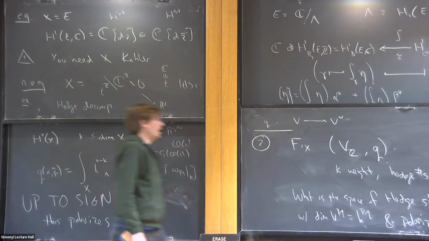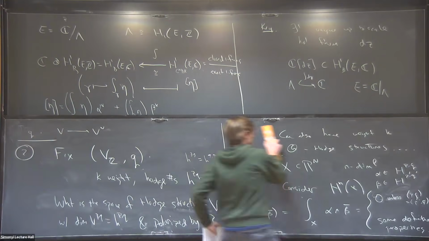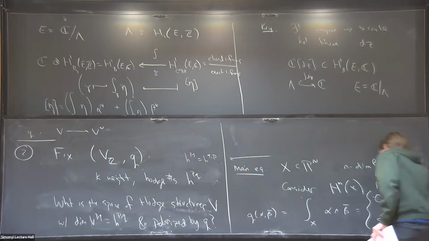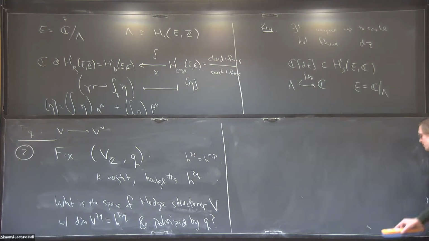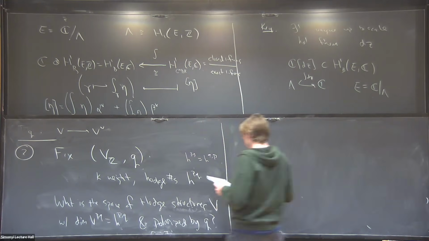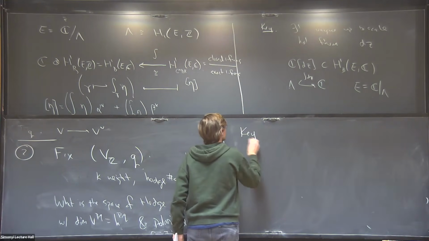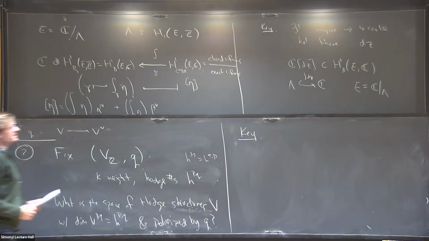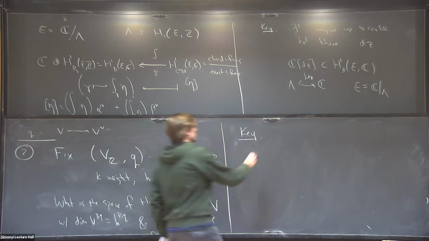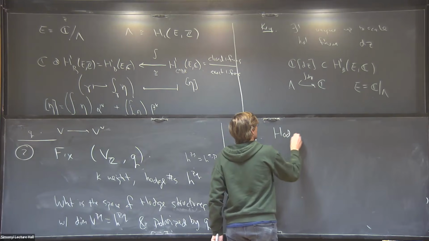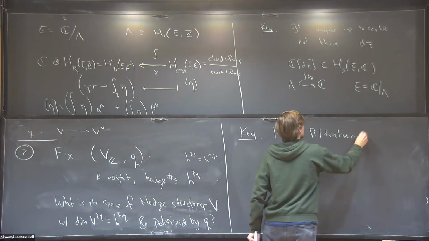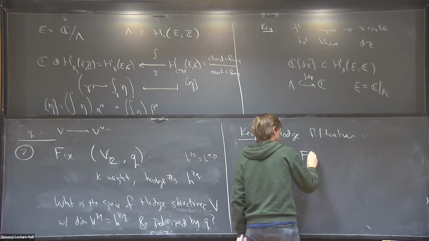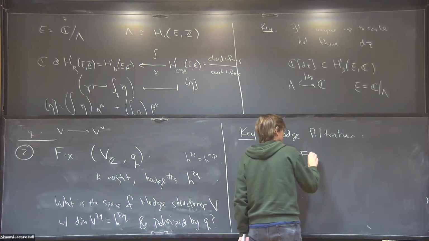So you can think about this question and you would have some success, but you'll have much greater success with the following key observation. And this is the introduction of the Hodge filtration, which is a filtration on the complex vector space.